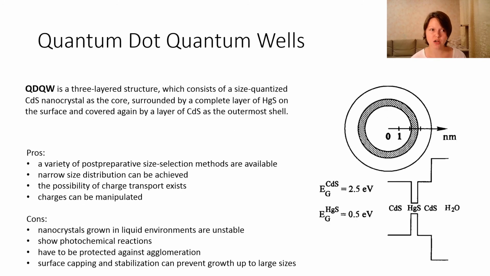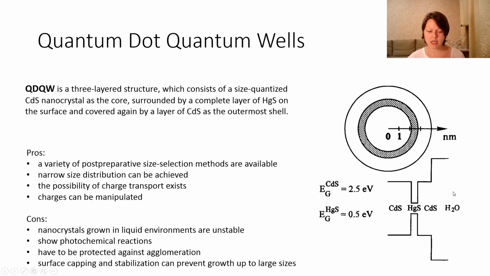Then the second structure is called quantum dot quantum well. It is a three-layered structure which consists of a size-quantized cadmium sulfide nanocrystal as a core, surrounded by a complete layer of mercury sulfide on the surface, and covered again by a layer of cadmium sulfide as the outermost shell.